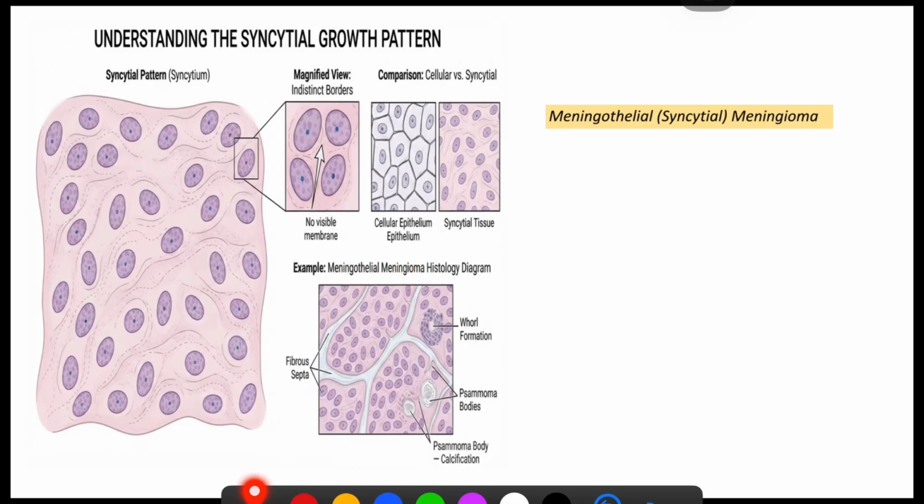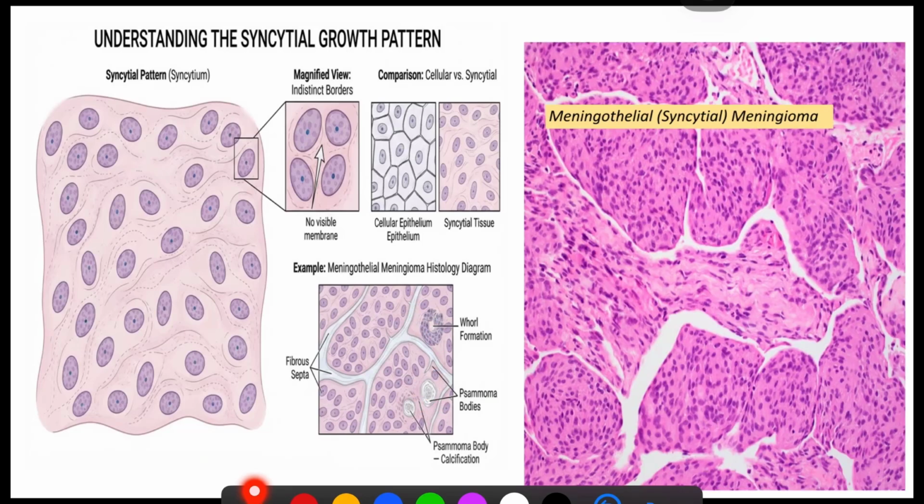In meningothelial meningioma there will also be psammoma bodies and some whorl formation. Histologically, these are syncytial nests of cells, and this is the fibrous septa.